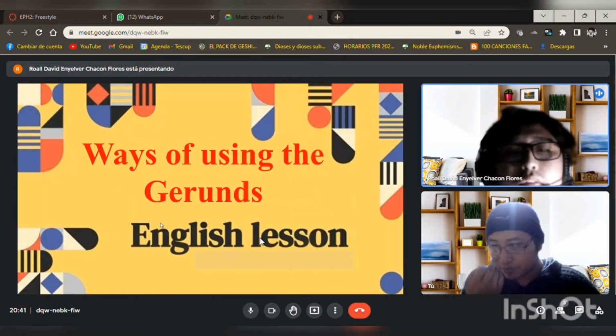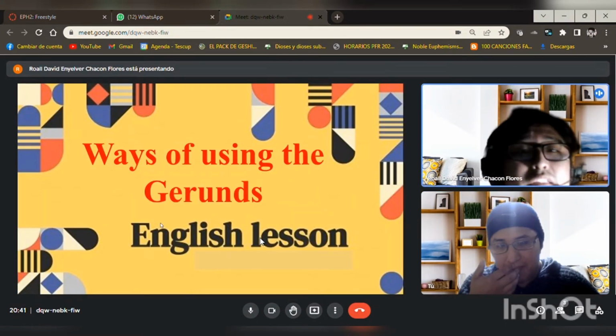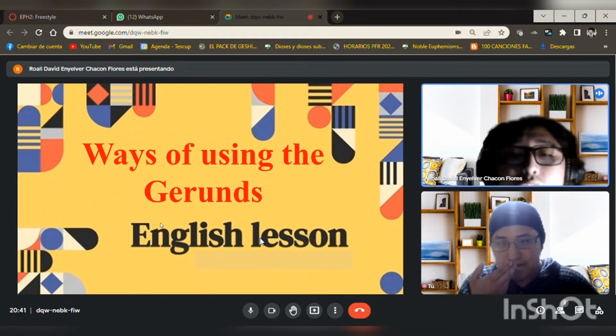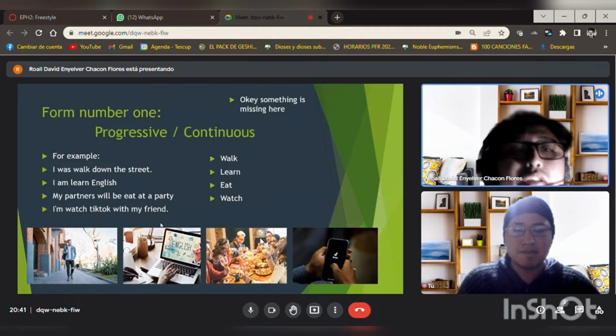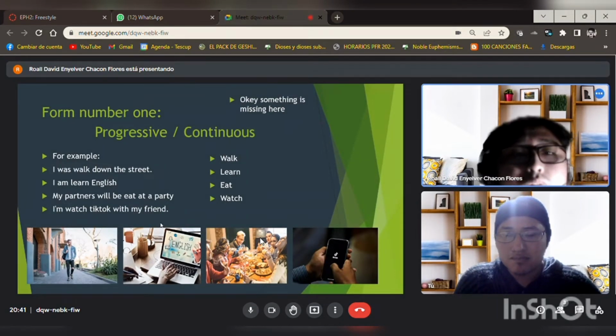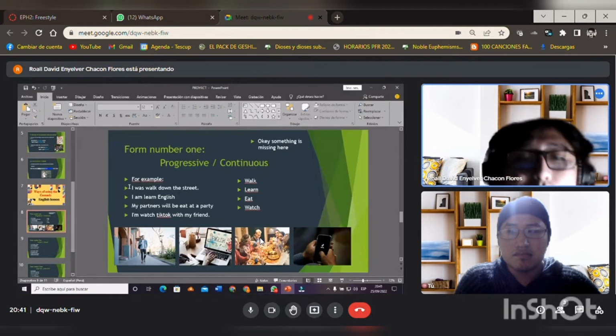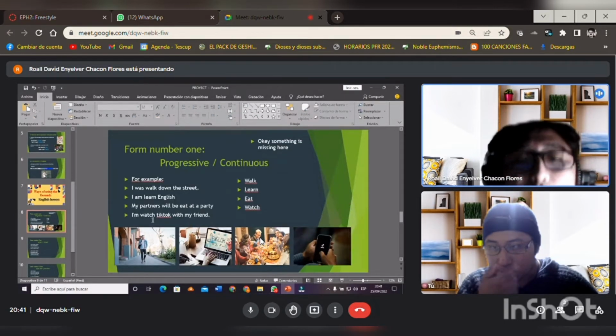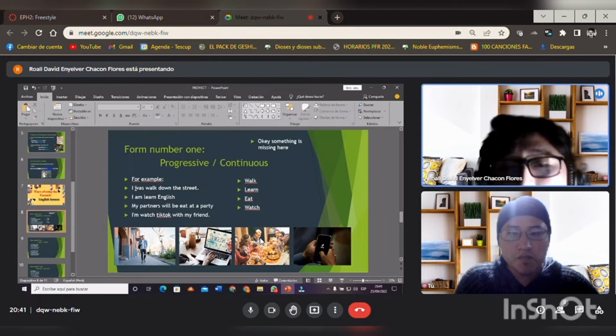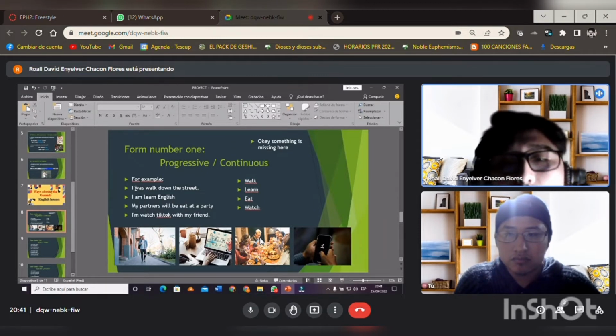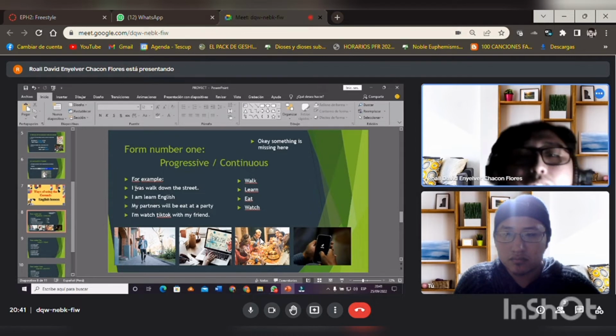To continue the explanation, the ways of using gerunds. For example, number one: progressive and continuous. For example, the four sentences. The sentence number one: 'I was walking down the street.' It refers to the picture number one, for example.